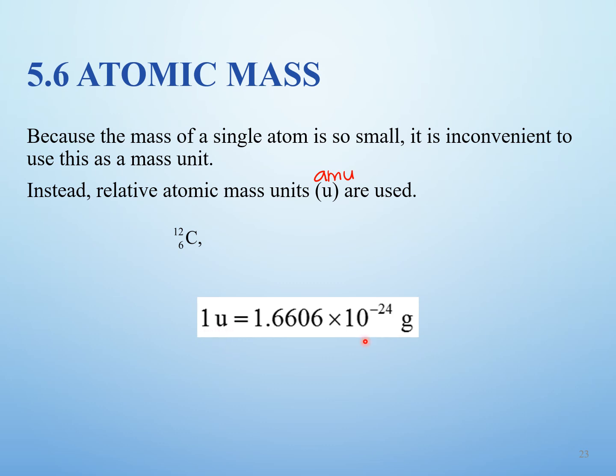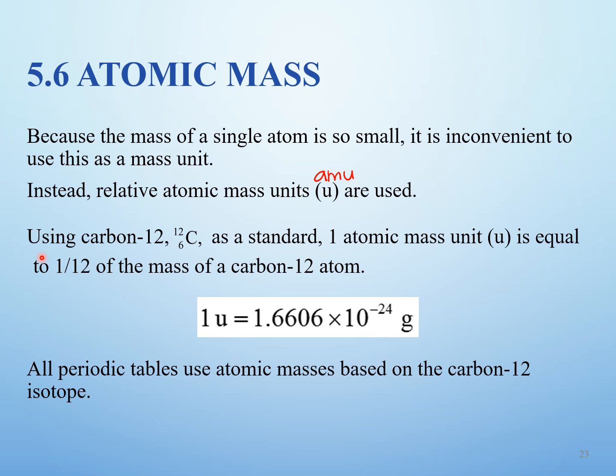If you look back at the chart earlier, this will be pretty close to the mass of a proton and a neutron. So that's what we're going to use. So how do we come up with this number? It's because we use carbon-12, which is 12,6 carbon. That means the carbon has 6 protons and 6 neutrons as the standard.